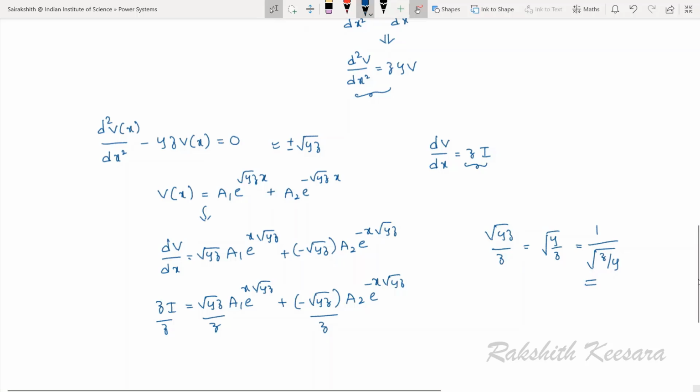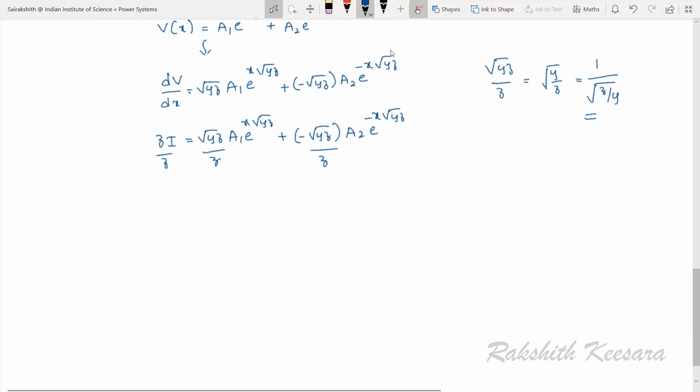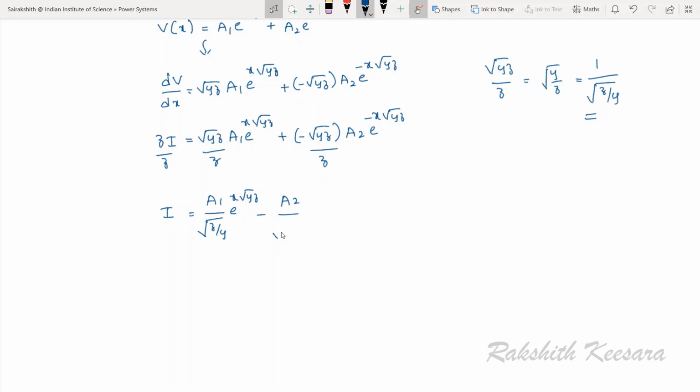So what I can write is this I is equal to A1 by root over Z by Y e power x root YZ minus A2 by root over Z by Y e power minus x root YZ.